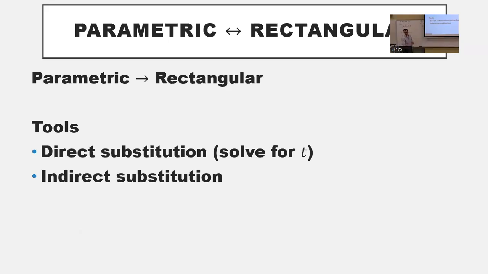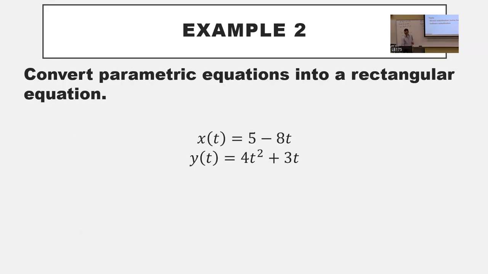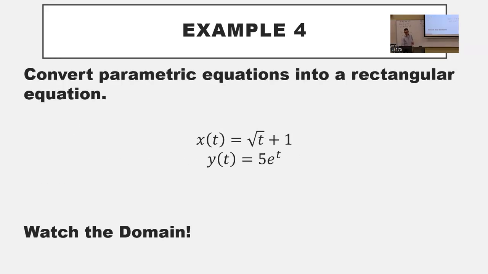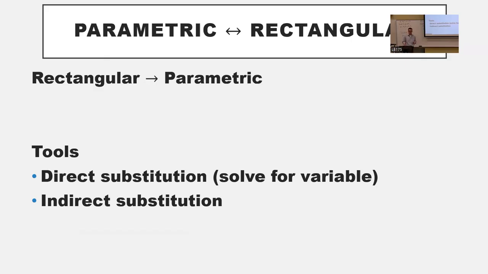If we're going from rectangular to parametric, we solve for a single variable and then just make the other variable whatever I want. Usually the simplest option is to make the other variable equal to t and then substitute. But you can make it whatever you want technically.